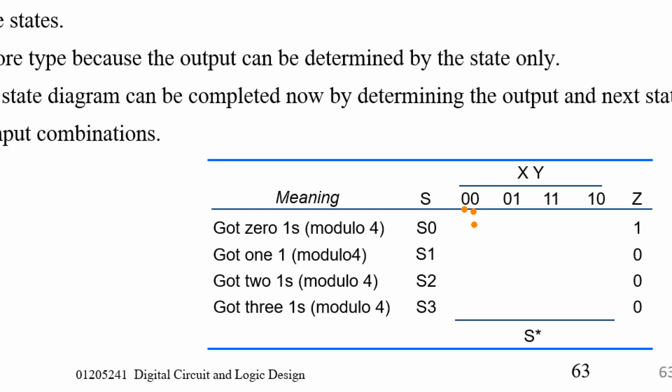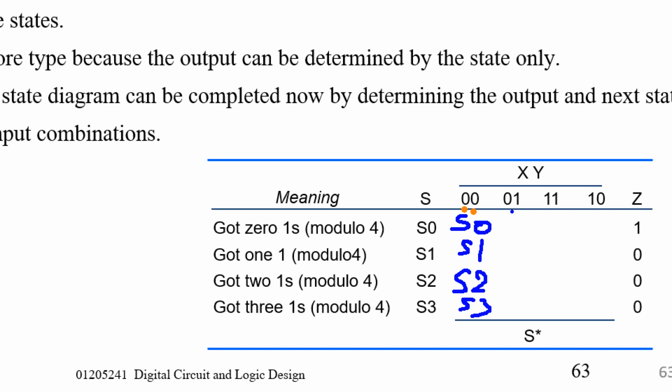The next state should be S0, right? Nothing changed, the number of logic 1s is still the same. If the current state is S1, it is still S1. If the current state is S2, where the remainder is 2, then with input 0, 0 the total number of logic 1s is still the same, so it stays at S2, and S3 also.